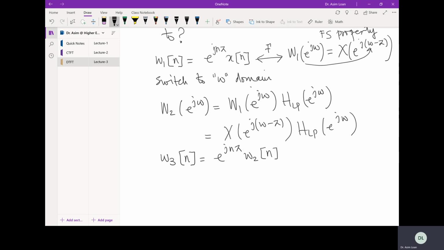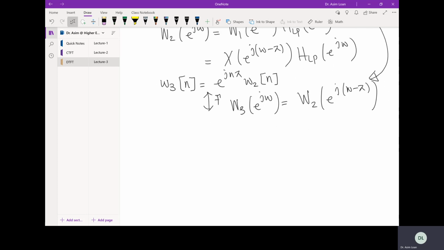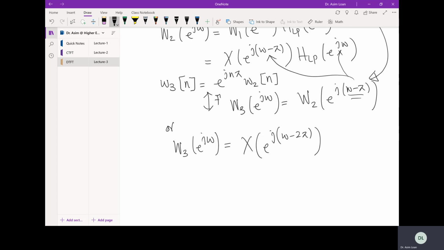So when I take the Fourier transform here, W3 of e^{j omega} is simply W2 of e^{j(omega minus pi)}. Frequency shifting property again. So I replace omega minus pi over here and over here, and I'll get X of e^{j(omega minus 2 pi)} into H low pass of e^{j(omega minus pi)}.